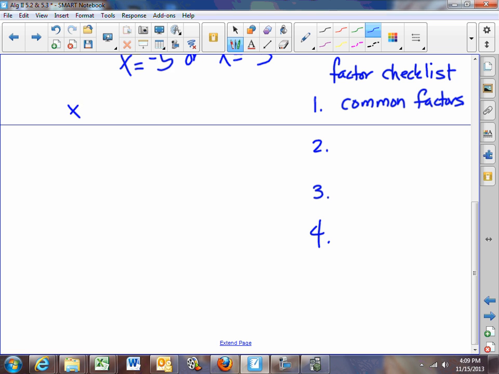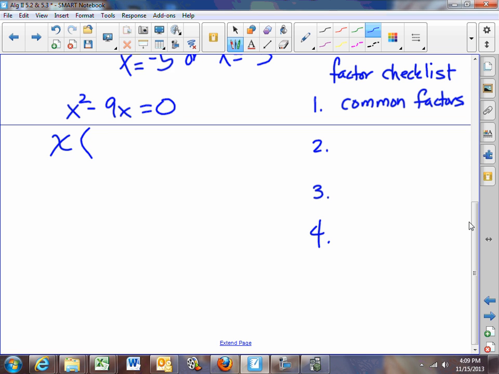Let's say you have x squared minus 9x equals 0. Okay, we've got a polynomial on one side, we've got it set equal to 0. We want to solve this. So one of the ways to solve this is to factor that polynomial. So the first thing we ask ourselves, are there any common factors? And in this case, the answer is yes. x is a common factor, so we're going to take that out. x times what?